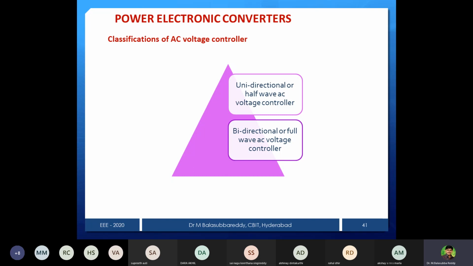We call that a half wave AC voltage controller.